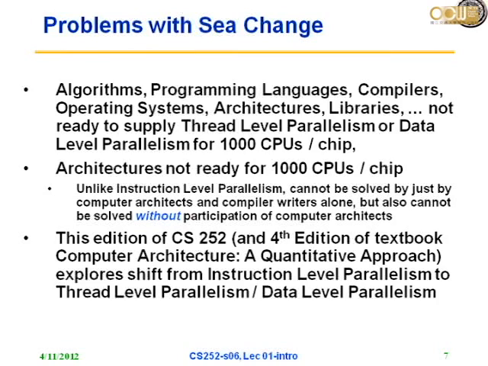In this 4th edition, we also focus somewhat on embedded system design and server system design. Okay, but just a very little bit.